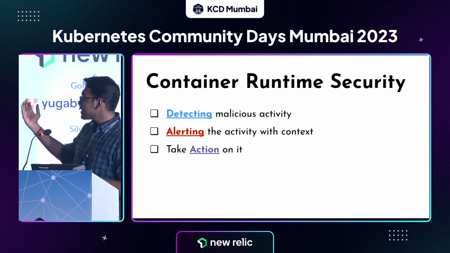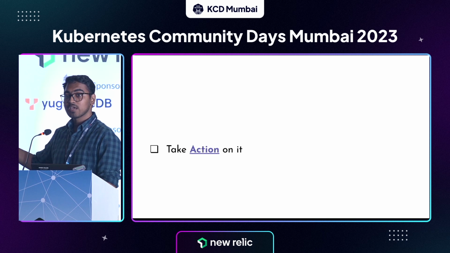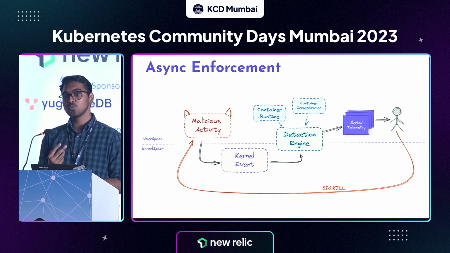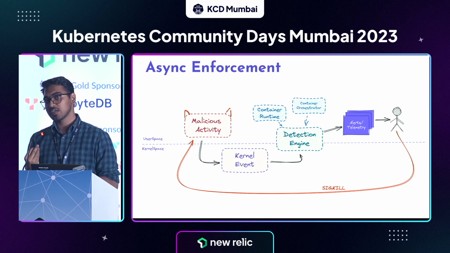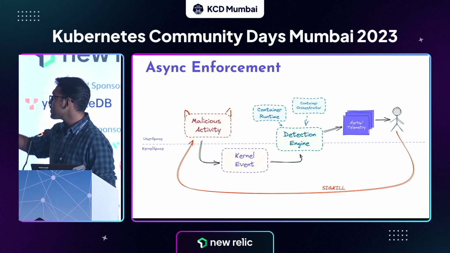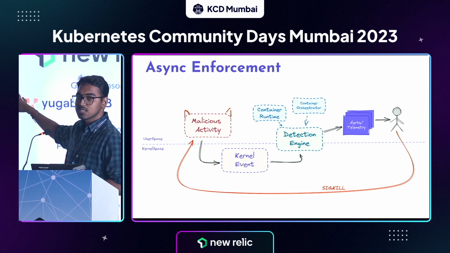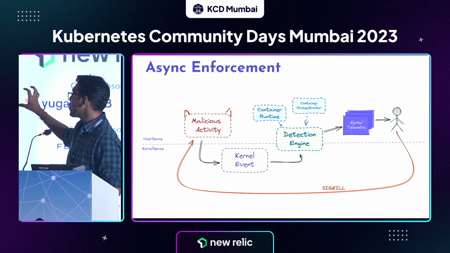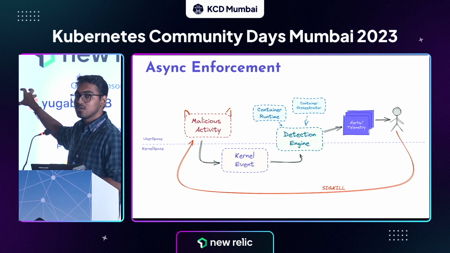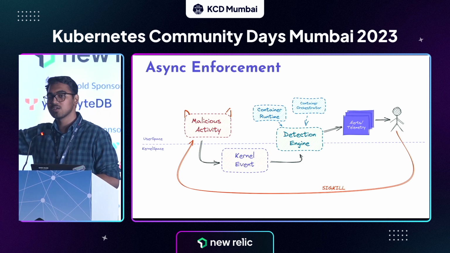Now that we have covered detecting and alerting the activity, let's talk about how we can take action on it. There are primarily two ways that we can go about taking action on a malicious activity. Either, once the entire cycle has happened, the detection engine alerts us with the information that malicious activity happened, and we have some manual security operator or an automated way to go ahead and kill the process.